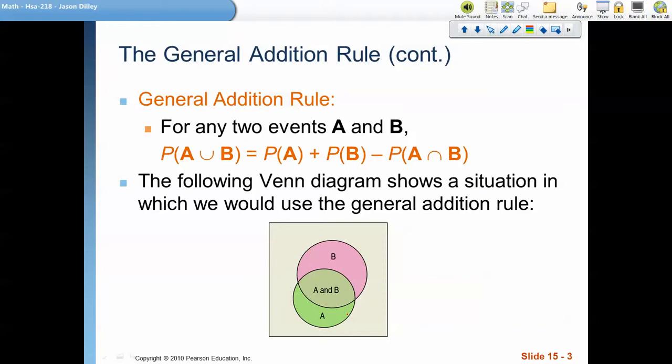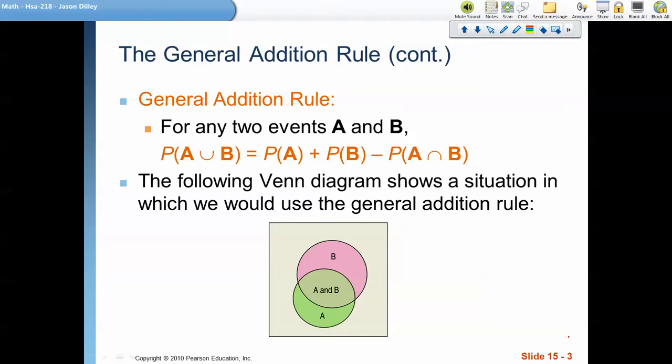Again, in the Venn diagram, this section that's overlapping is P of A and B. It's the area where the two overlap. Because we counted it twice when we added P of A and P of B, we are subtracting it once from our probability.